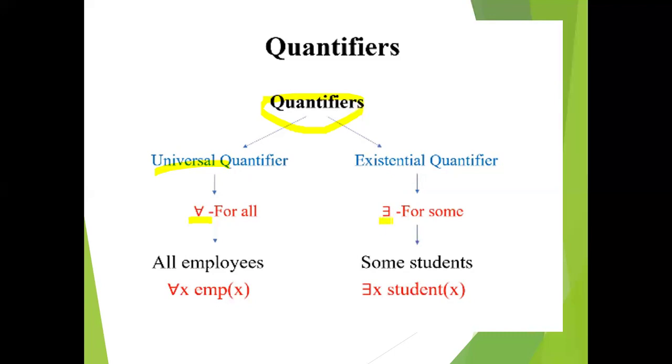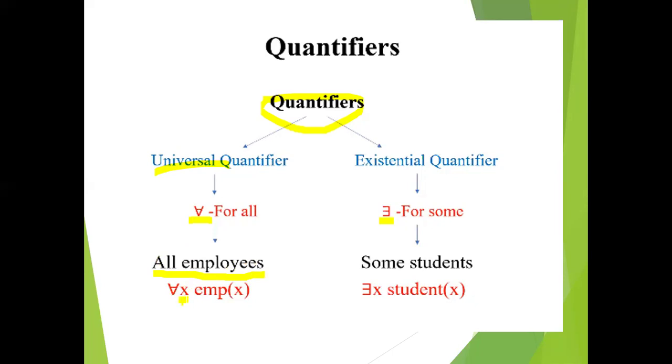For example, we are given a sentence like all employees. This sentence can be represented using the for all symbol instead of the word all, and X represents the entire specimen.